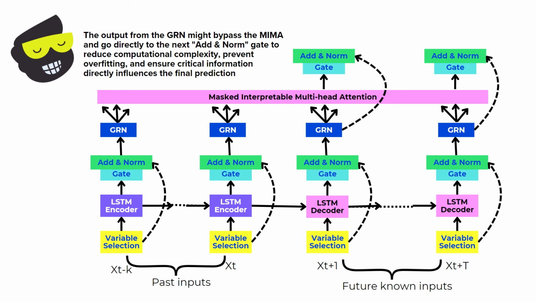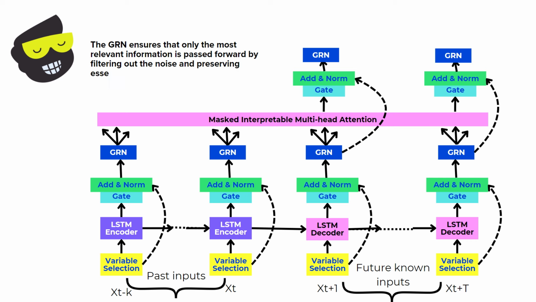Next up, the GRN processes the outputs, further refining the information. The GRN ensures that only the most relevant information is passed forward by filtering out the noise and preserving the essential data through its gating mechanism. And by doing this, the GRN maintains the quality and relevance of the data, enhancing the model's ability to make accurate predictions.